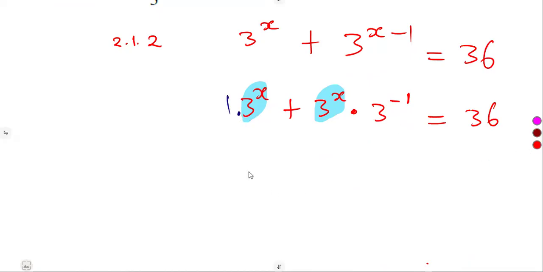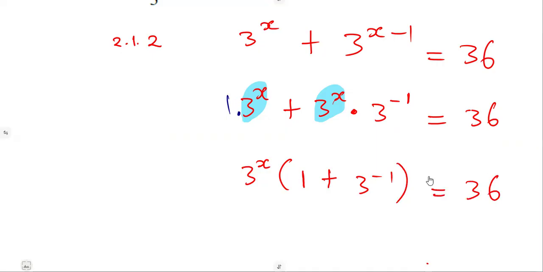So the moment you factor out 3 to the exponent of x, you remain with a 1. So that's 1 plus, on this one, you remain with 3 to the exponent of -1, which is equal to 36. Our major question is to solve the equation.